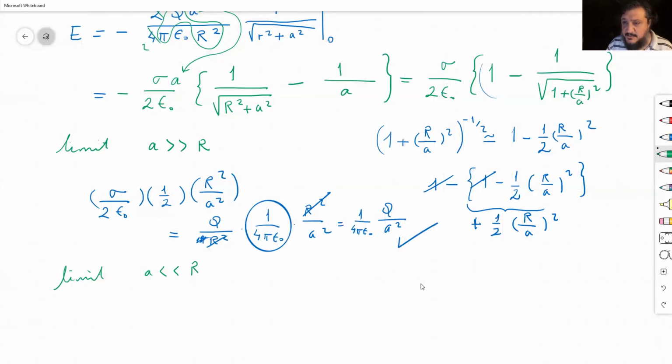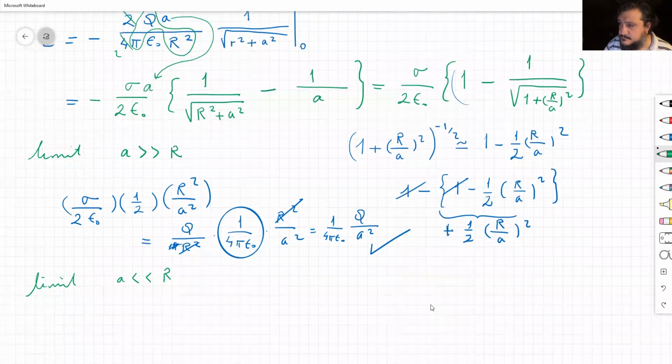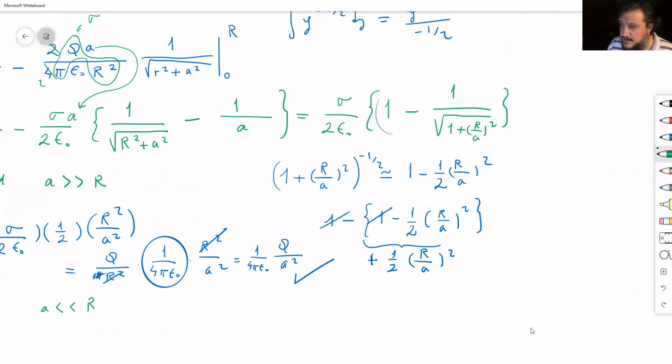All right, so if A is so small, what happens? If A is so small, here you have 1 over a very small number, which becomes infinite, right? So this whole term goes to 0.